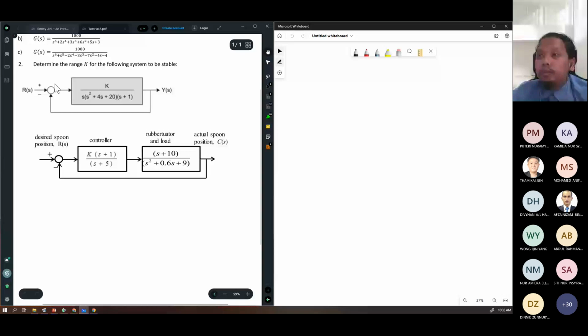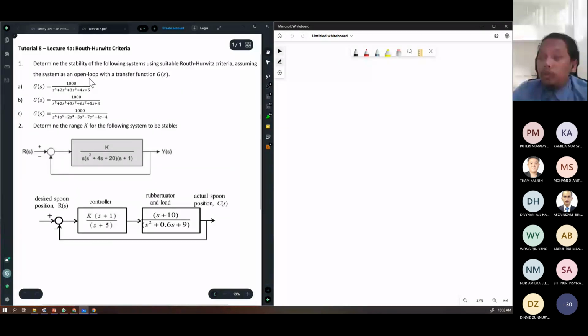Here the system is in closed loop, meaning that it has a feedback loop. Compared to question 1, where the question already gave you that the system is open loop, so you don't need to simplify the block diagram.